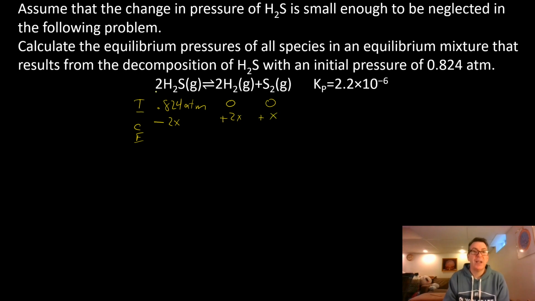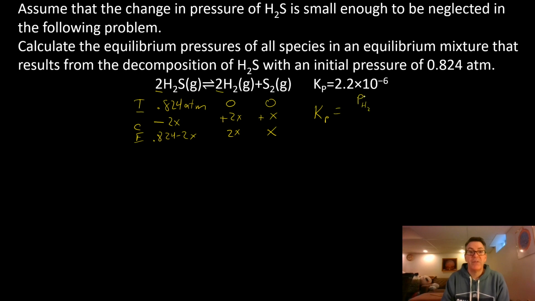Again, these both change by 2x because of the 2's in front of them in the balanced equation, and then just a 1x for the S2. So at equilibrium, we would expect to get 0.824 minus 2x for that pressure, and then 2x for the H2, and x for the S2 amounts. Now, the equilibrium constant expression, we can do that in terms of partial pressures here.